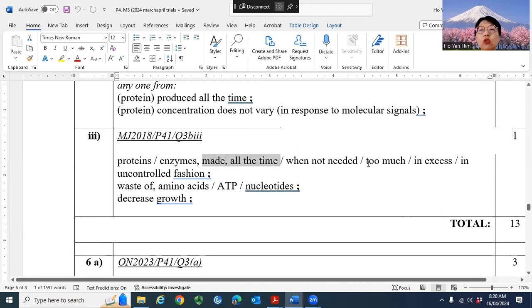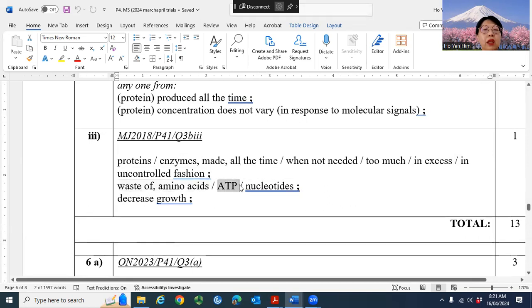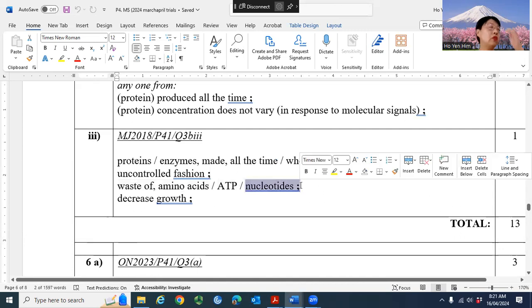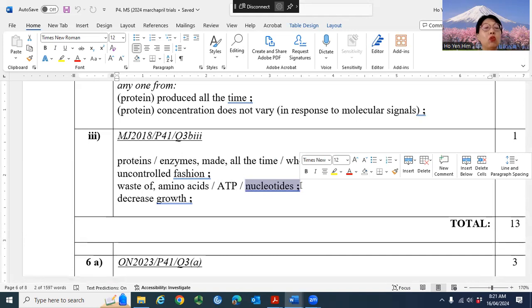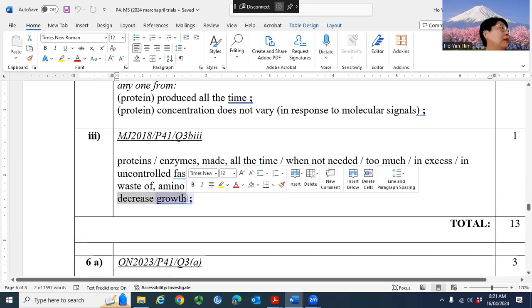So they will produce too much when the cell does not need them, meaning in excess. So it's a waste of the cell's amino acids, a waste of ATP, a waste of nucleotides, because they're producing the mRNA, they're producing the protein, even though there is no lactose, okay? So that will cause a decrease in growth. That means when the cell has a lack of ATP, there's a lack of energy for growth.